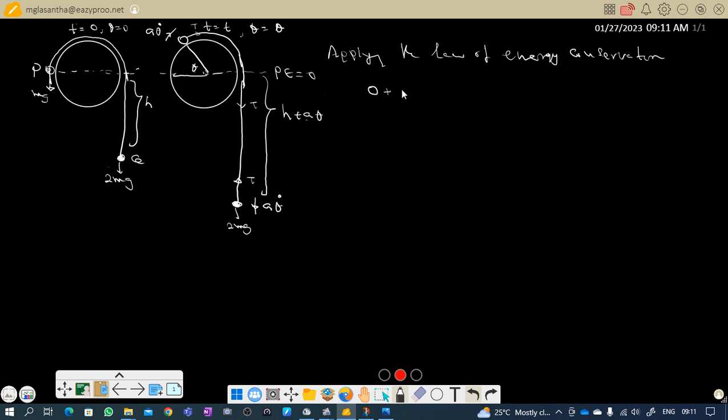So the initial energy is minus 2mgh, right? Both particles start at rest. The kinetic energy of particle P is 0. The kinetic energy of particle Q is also 0. Then equal to the potential now.